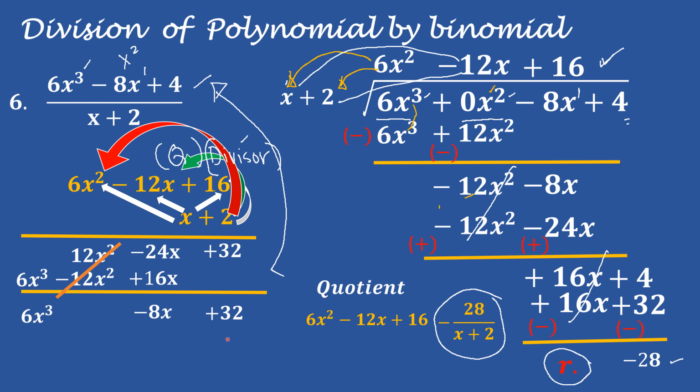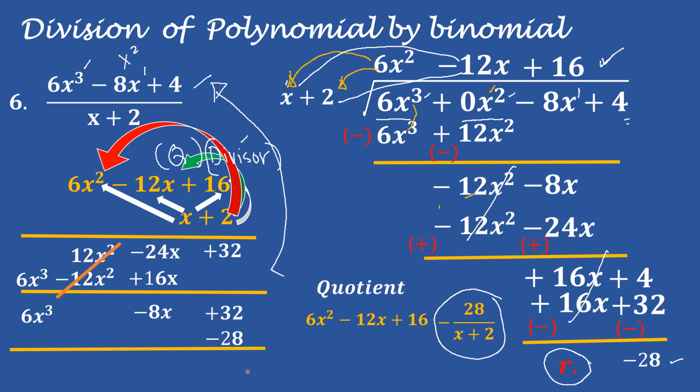But we're not able to get a 4 in there. But remember, there is a negative 28 as our remainder. So what shall we do with that remainder, negative 28? We simply combine it with the constant positive 32.